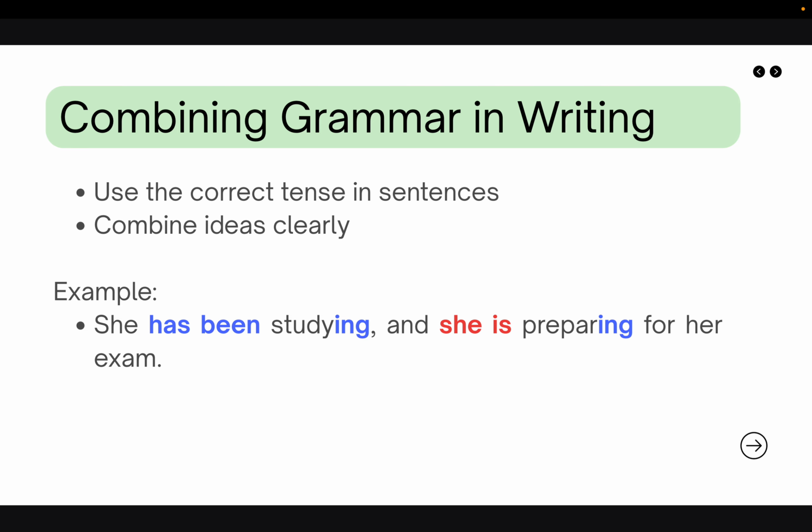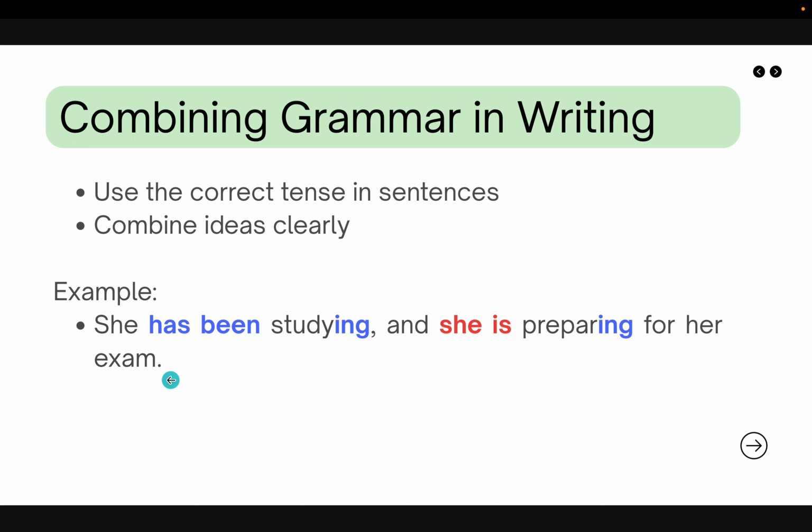So, in terms of combining these two tenses, okay, you can try to write something like this. You use the correct tenses in the sentence, combines the idea clearly. For example, she has been studying and she is preparing for her exam. This is has been studying, completed, and ongoing.